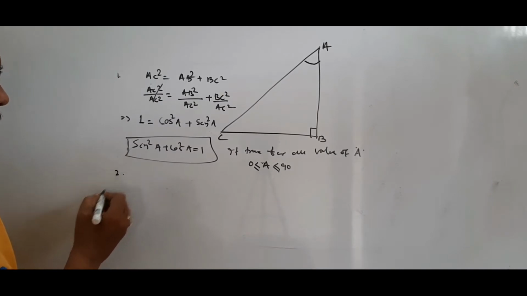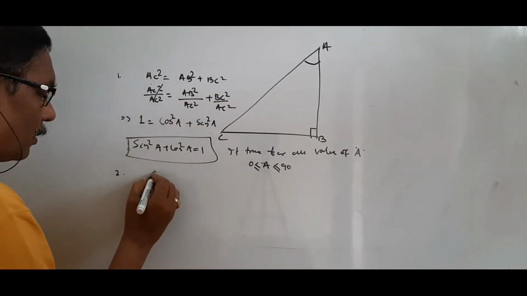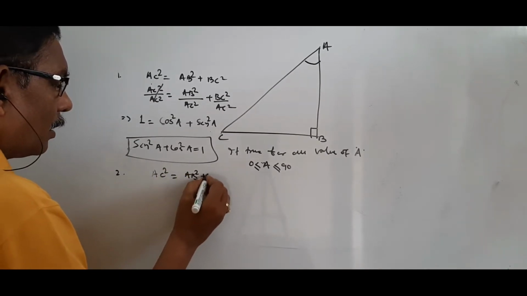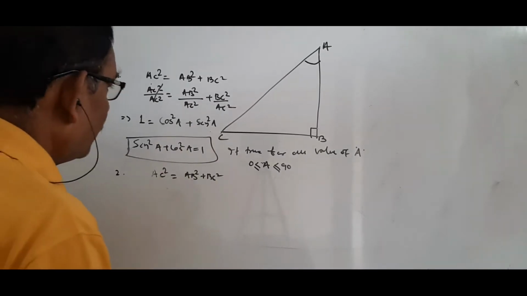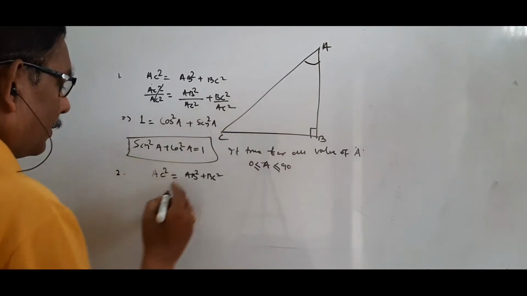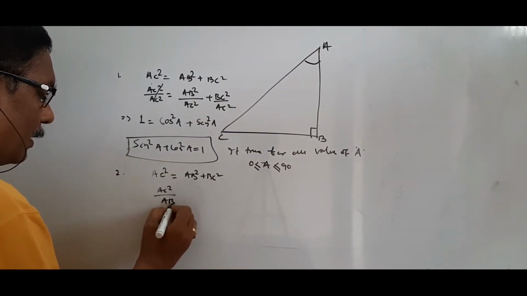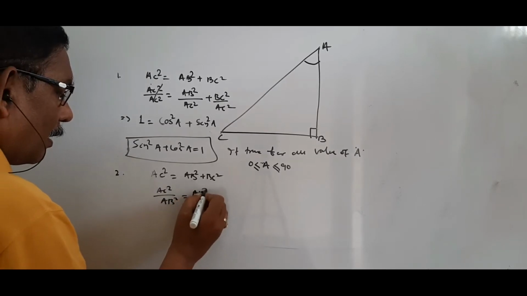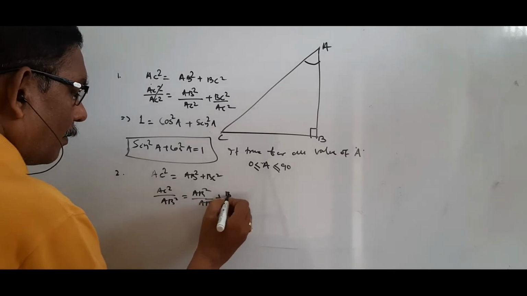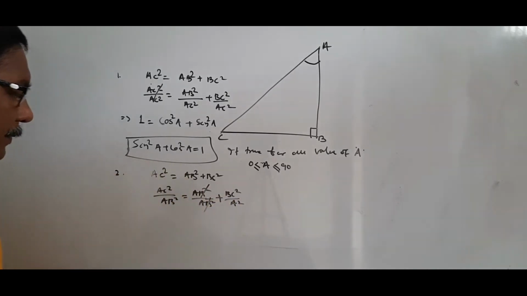Number 2. Again you use this equation: AC square equal to AB square plus BC square. Now divide this equation by AB square, cancelling AB square by AB square.